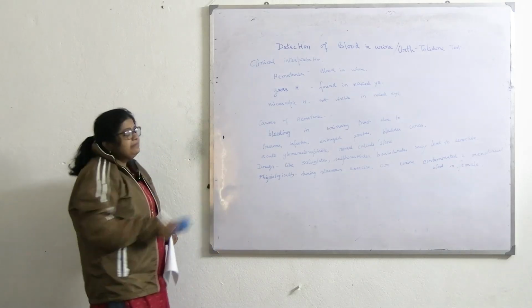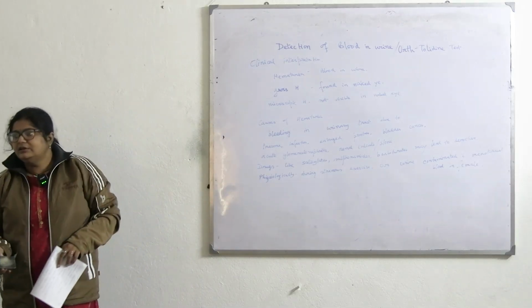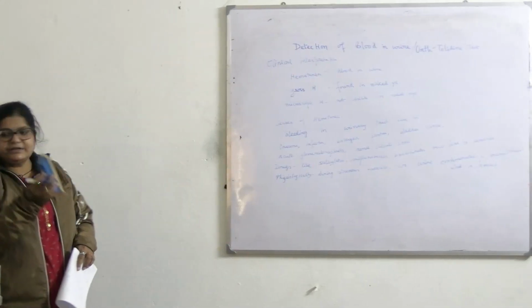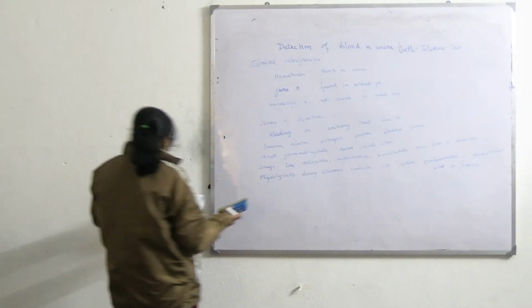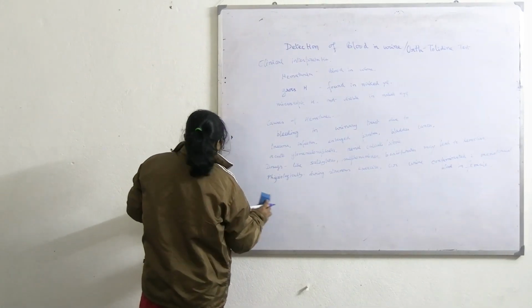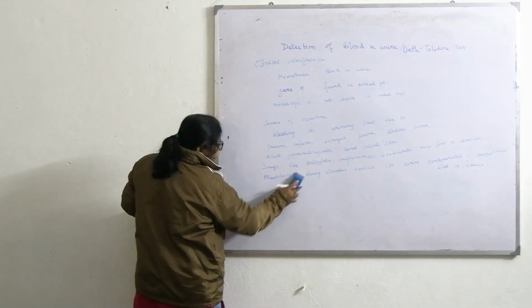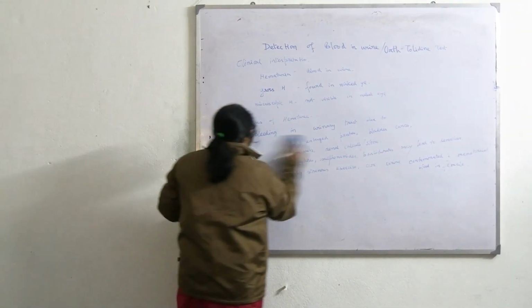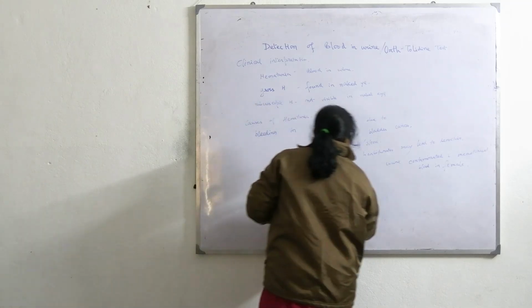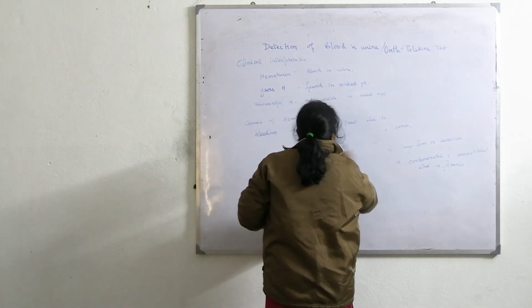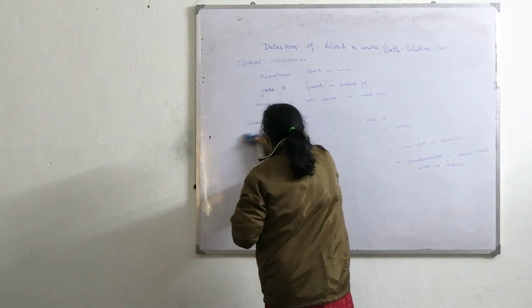Now this is the hematuria. What is hemoglobinuria? Hemoglobin is excreted in urine. Free hemoglobin, when it comes, hemoglobinuria, excretion of free hemoglobin in urine.